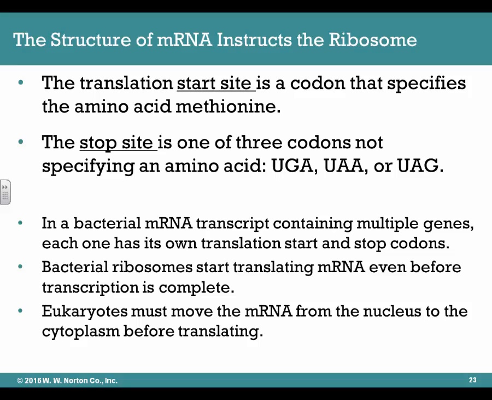Okay, so I'm not going to expect you to memorize these specific amino acids, but just to know that there's a specific start site where the ribosome recognizes and binds to the messenger RNA, and there's a specific stop site, and these are 3 codons or triplet codes that determine which amino acid goes next in the growing polymer of the protein.